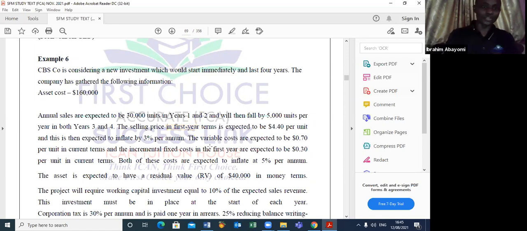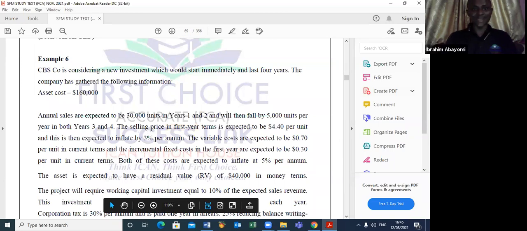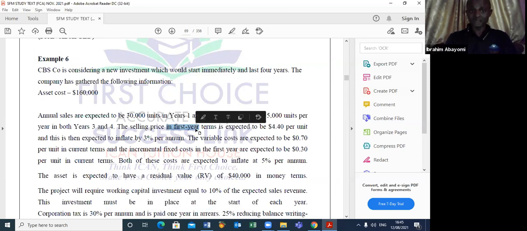Now, what happens if the question had told me that this selling price is in year 0 term? If the question had told me that this selling price is in year 0 term, then I will have started my inflation from year 1. Take note.